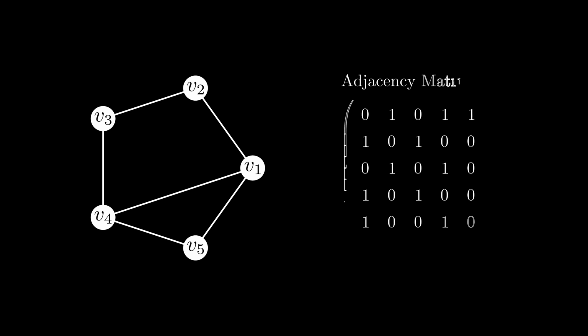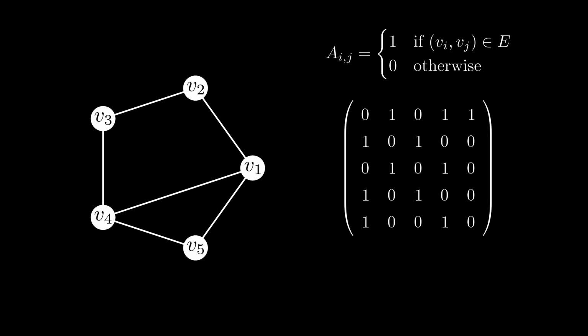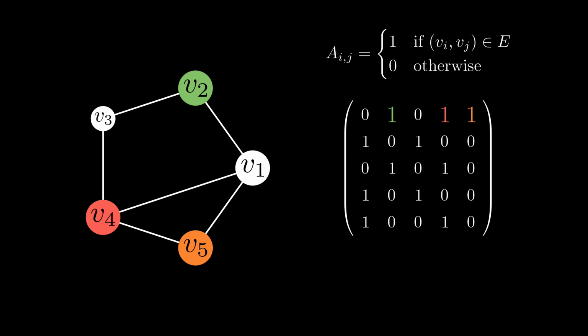To capture all the connectivity information of a graph, we need the adjacency matrix A. Aij is defined as 1 if there is an edge between vertex Vi and vertex Vj. Take the first row as an example. It means that vertex 1 is connected to vertex 2, vertex 4, and vertex 5.